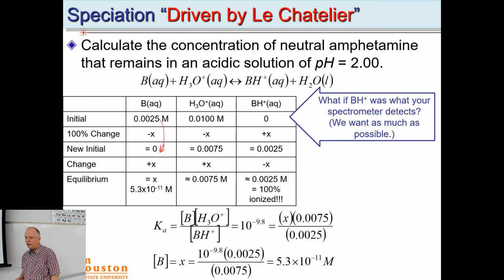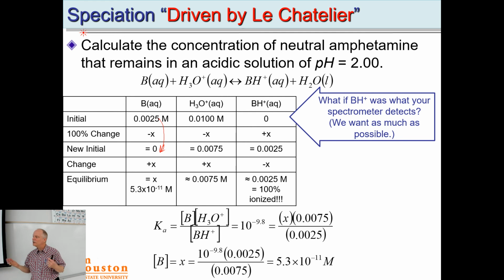And so if we look at this, we have the BH plus, and here's our amount, and it's 100% ionized. This is the part, and up here is the whole. Right? So it's completely ionized, and that's great because if we're analyzing this and our spectrometer or whatever is sensitive to the BH plus, then we've got all the signal.